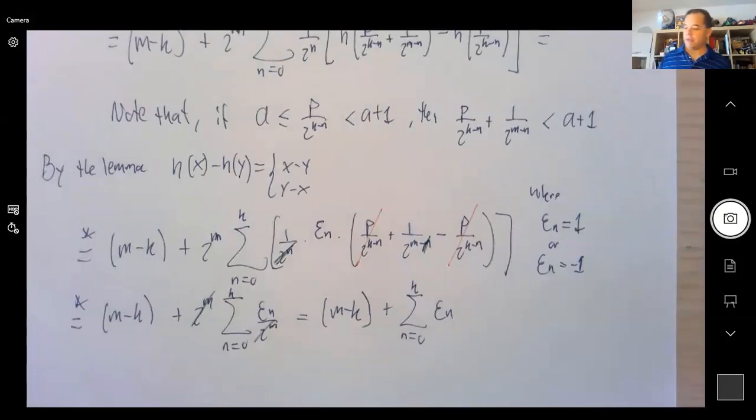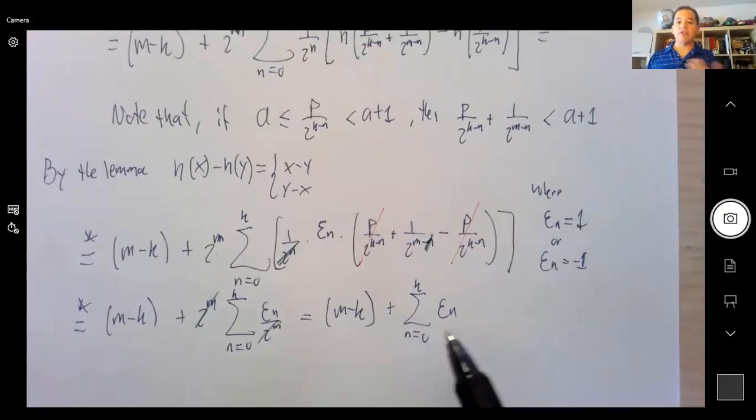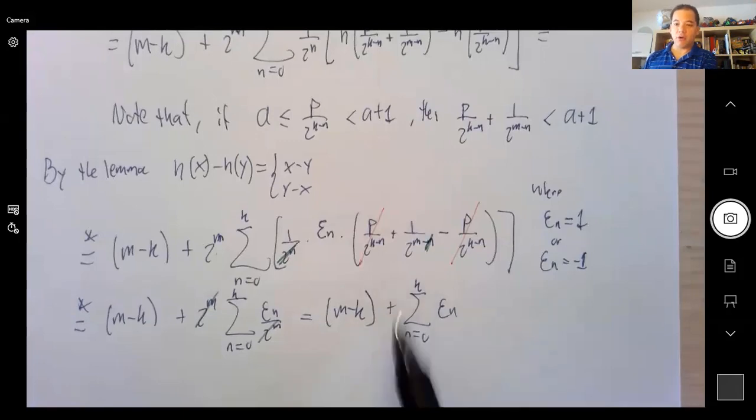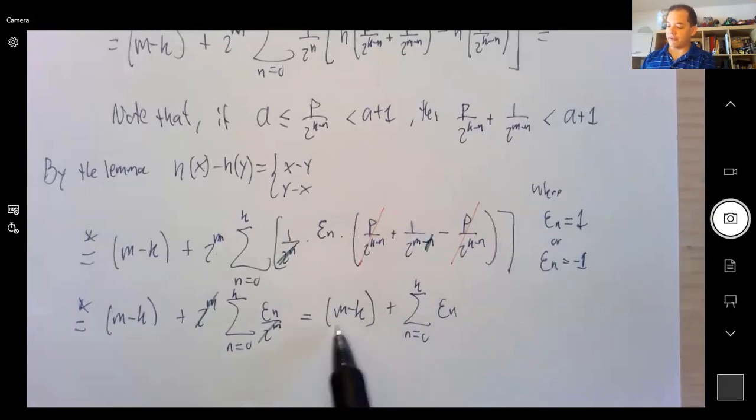Okay, now don't be concerned about this. I mean, it looks difficult, but it's just a constant, right? Remember, what we want to do is take the limit when m goes to infinity. We want to see what happens when m goes to infinity. And in that sense, we're golden because there's no m in here. These are ones and negative ones, so it really doesn't matter. And what happens when m goes to infinity? When m goes to infinity, this will go to infinity, right?